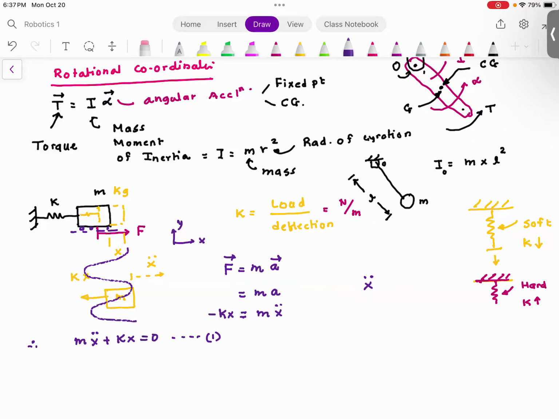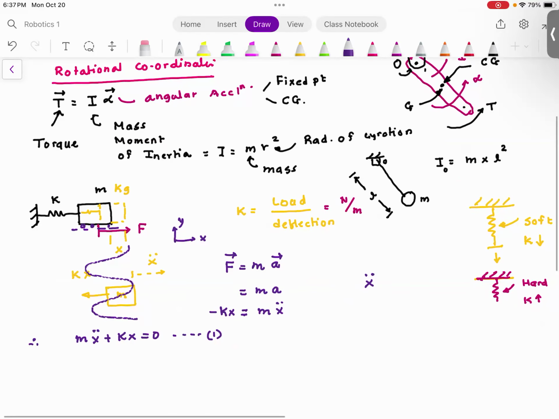Now it is extremely important to understand this differential equation has x, which is a function of time. If I take the first derivative of x, I get velocity. If I take the second derivative, I get the acceleration.